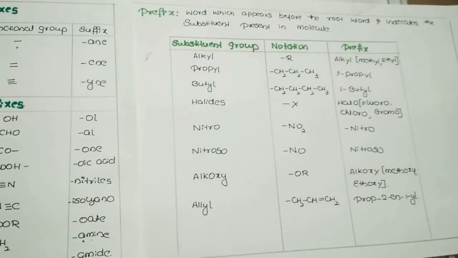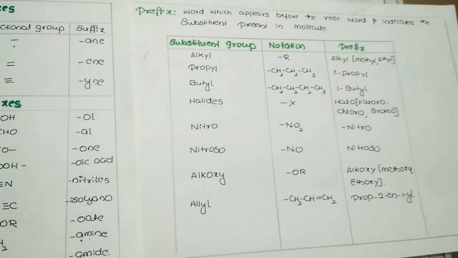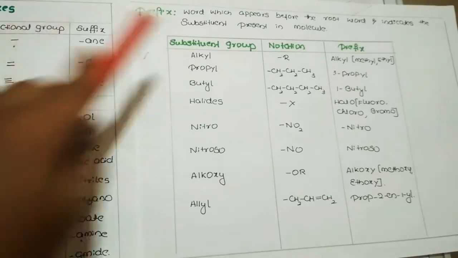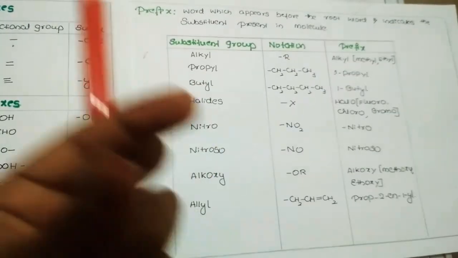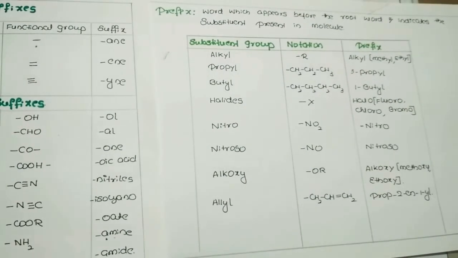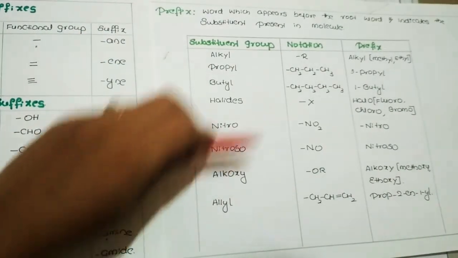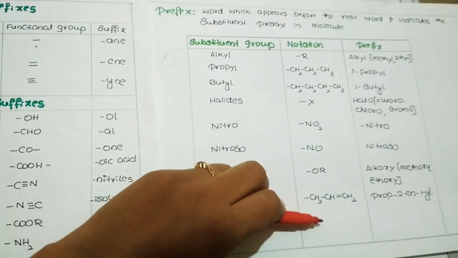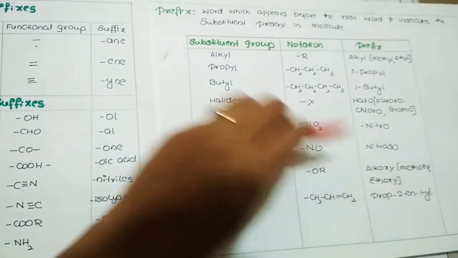As I already told, a prefix is the word which appears before the root word, and it indicates the substituent present in a molecule. So we have the root word, the suffix, and before the root word we need to put the respective prefixes. These are some of the substituent groups, with their formula or notation, and the prefix you will use for each one.